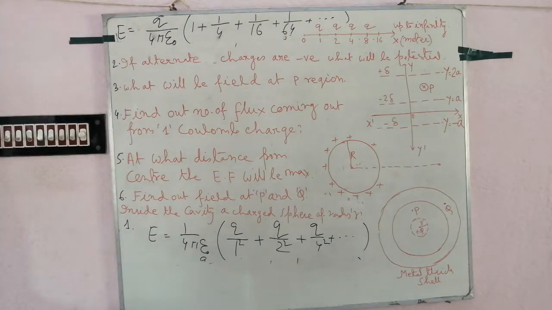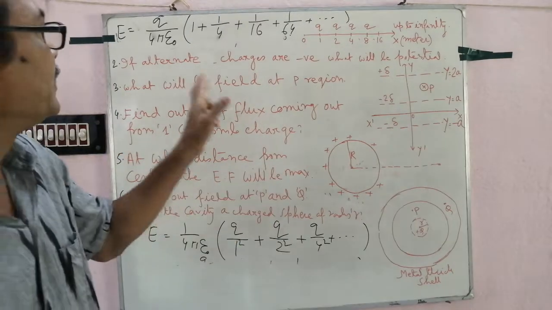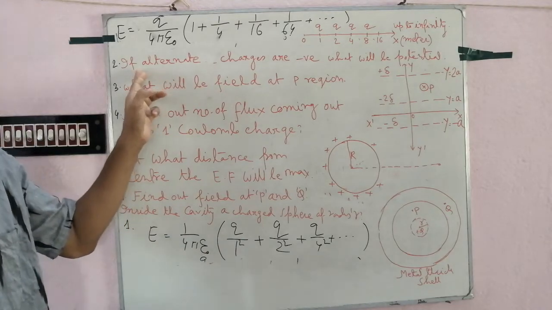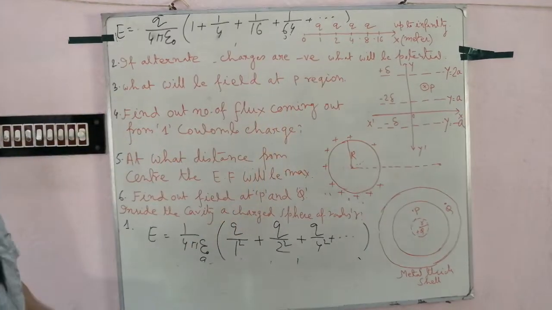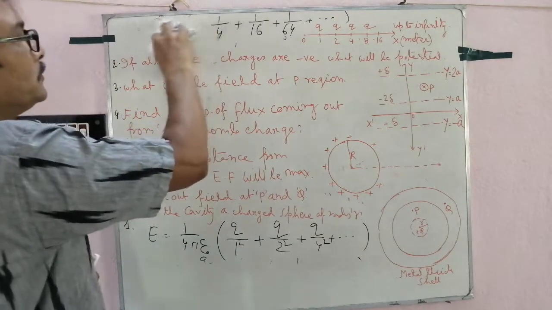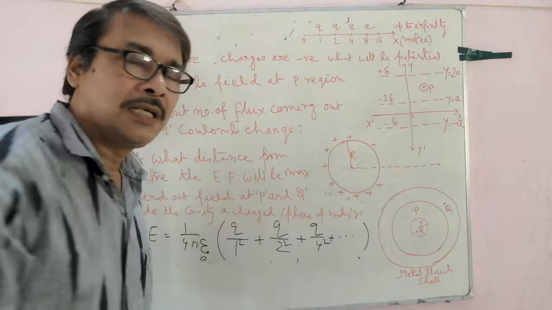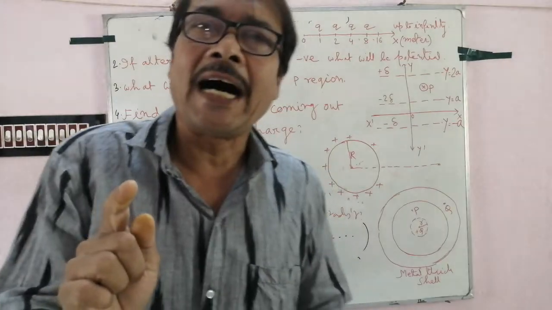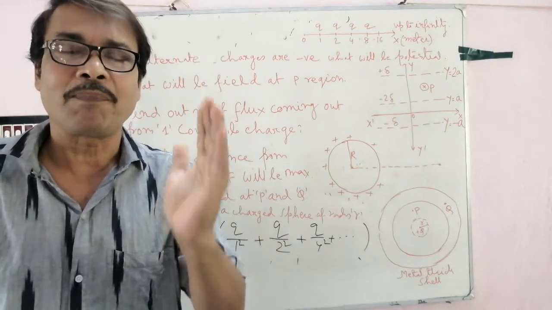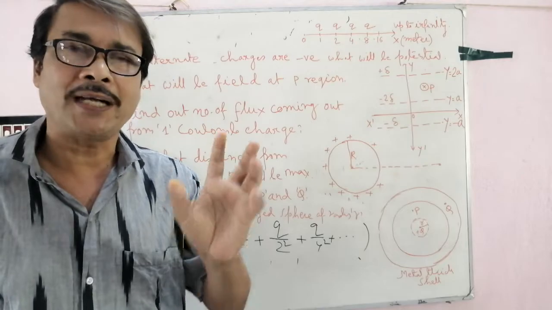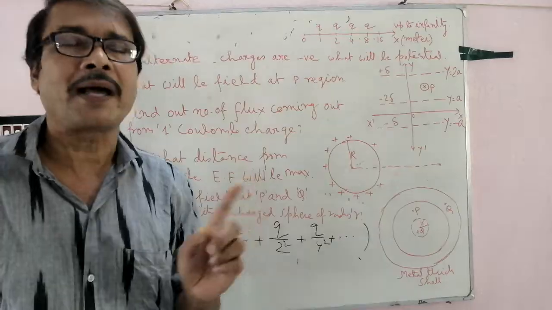Note it. In this problem, a slight change. Note, question number 2: if alternate charges are negative. So the first problem is already completed. Here we find out the potential and electric field, but you have to know the formula: 1 plus r plus r square plus r cube, common ratio r, so the sum will be first term 1 by 1 minus r.